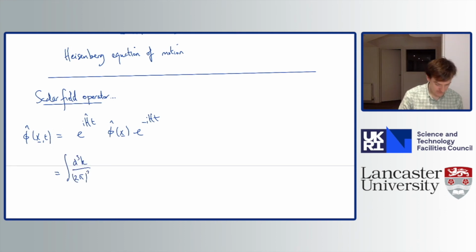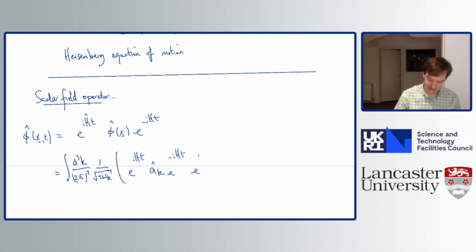These are all numbers, so they can be pulled through operators without a problem. And then when we have the raising and lowering operators, we have to be more careful. Lowering operator, we have to make sure we keep the order.